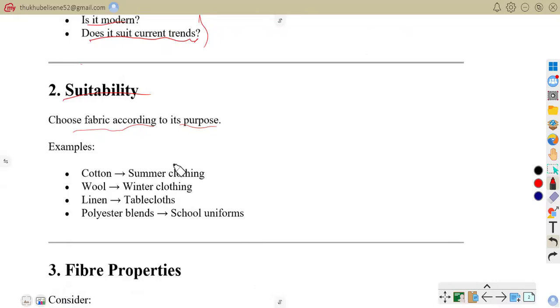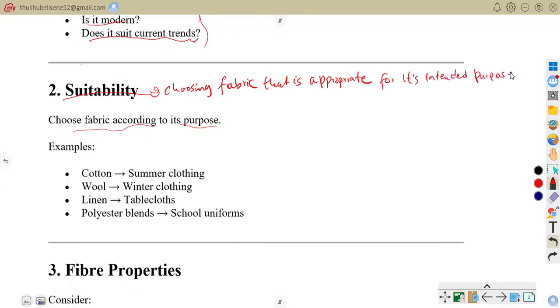That's when we're talking about suitability. So now we are given the examples.